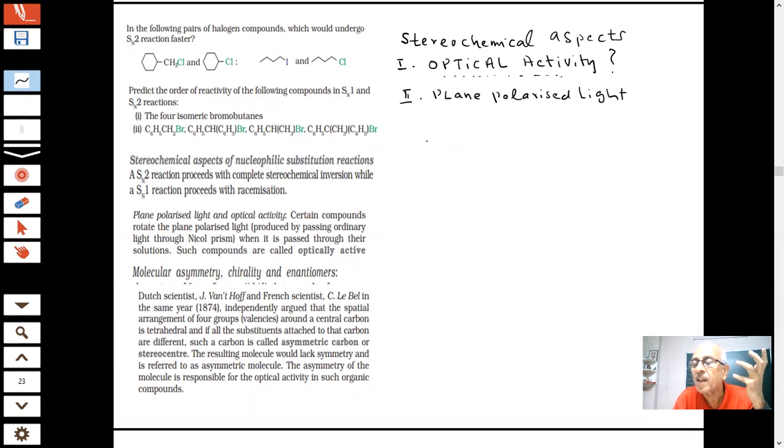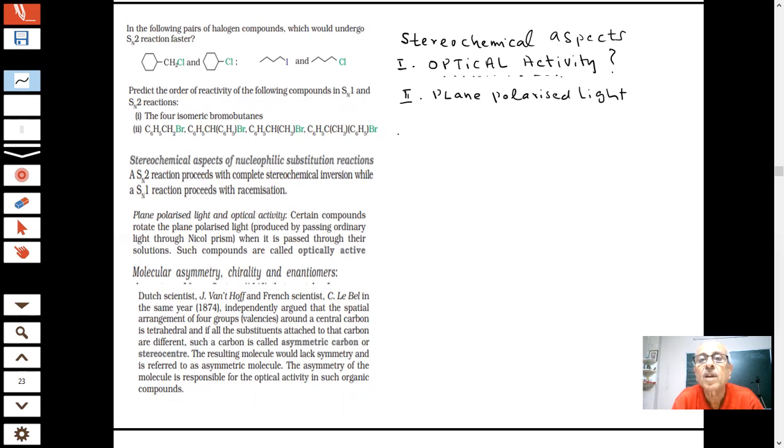What is light? It is electromagnetic radiation, and vibrations take place in all the directions. If we pass ordinary light through a Nicol prism, the light becomes plane polarized.